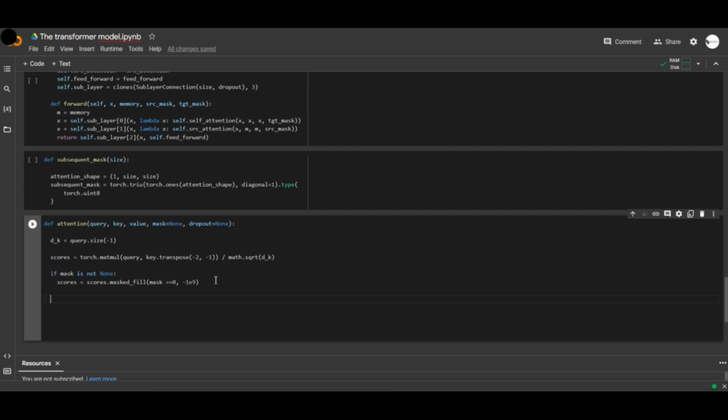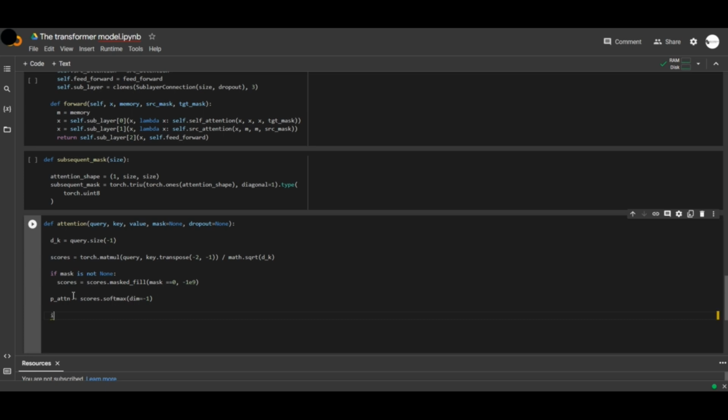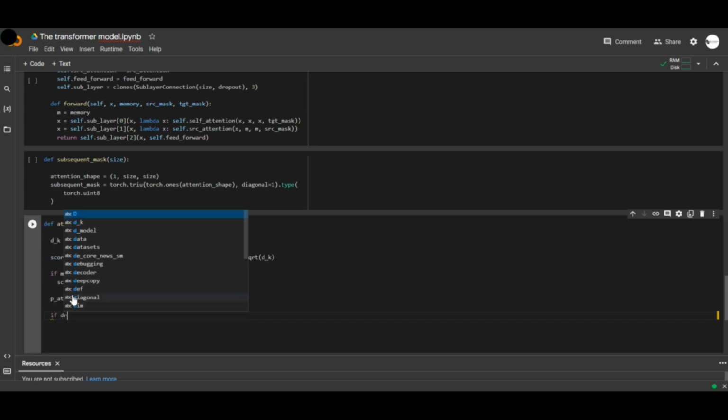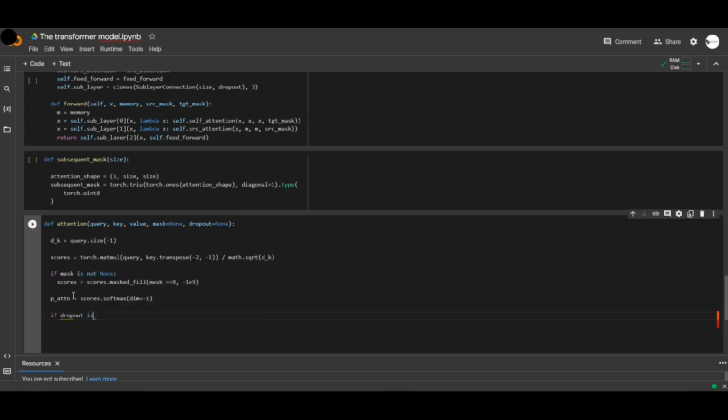Okay, so what we do is that we say p_attn equals scores dot softmax, and we say dim equals -1. Okay, we can apply dropout if dropout is not none, right, then it's fine.